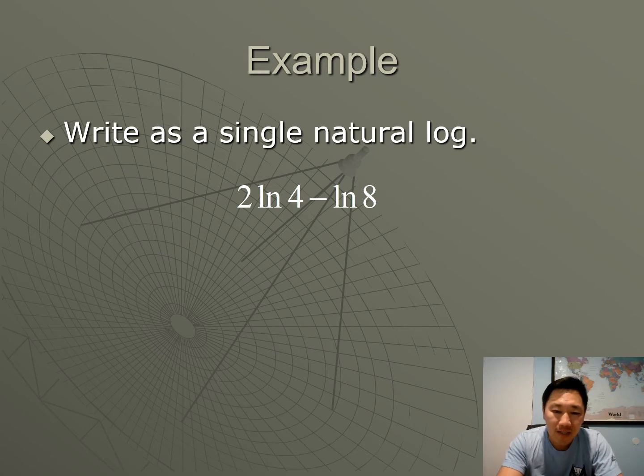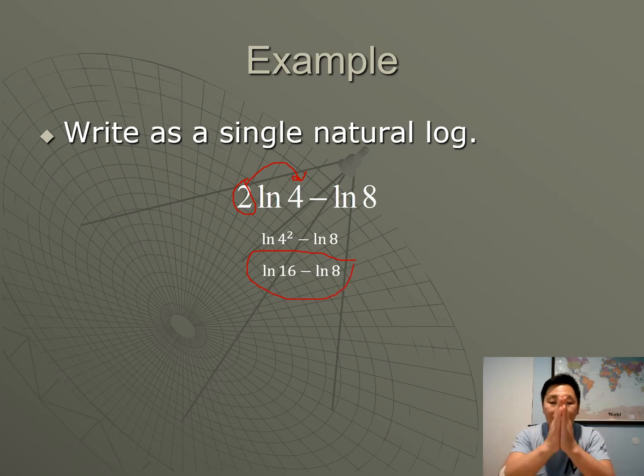First, you would take the 2 that's in the front and bring it up here as an exponent, just like that, which we know 4 squared is 16. And then to combine them with the minus sign in between, we would divide. And that's how you get natural log of 2. All right? So the natural log has the same properties as regular log.